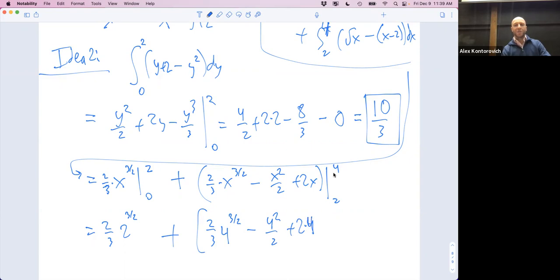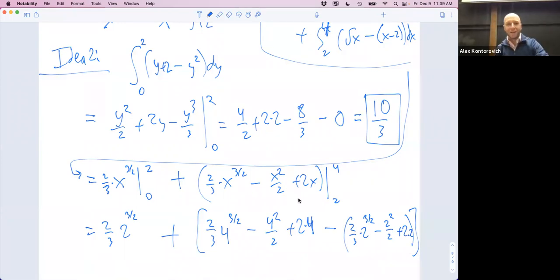That's the value at x equals 4 minus the value at x equals 2. At x equals 2 is 2/3 times 2 to the 3/2 minus 2 squared over 2 plus 2 times 2. I'm sorry, I'm doing the algebra quickly, but hopefully you're following along.